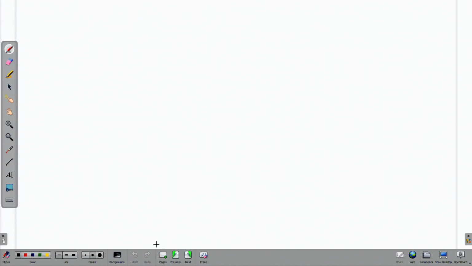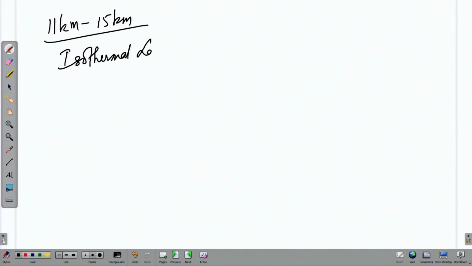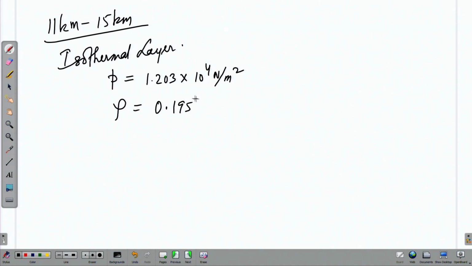Beyond the 11 kilometer altitude, from 11 to 15, you apply the isothermal layer equations, where temperature remains constant, and you will find that the starting point of pressure and density will be those values for 11 kilometers. Based on that, the pressure at 15 kilometers will be this, density at 15 kilometers will be this, and now they have reduced further.